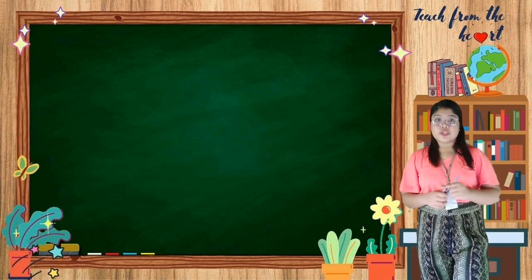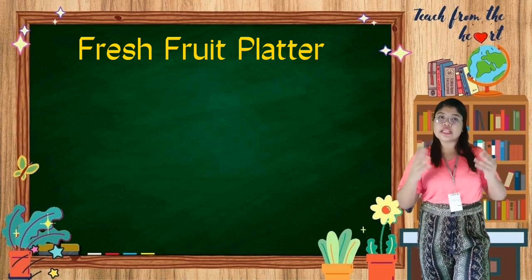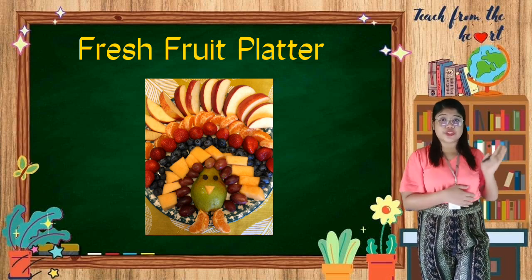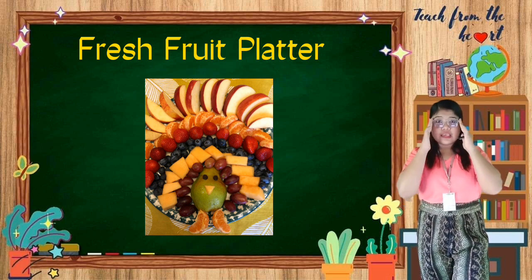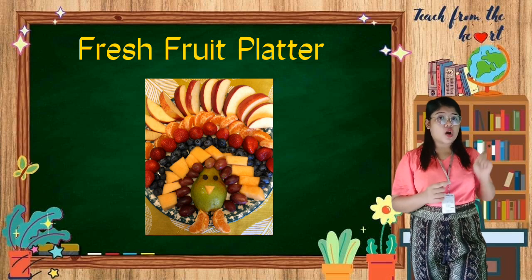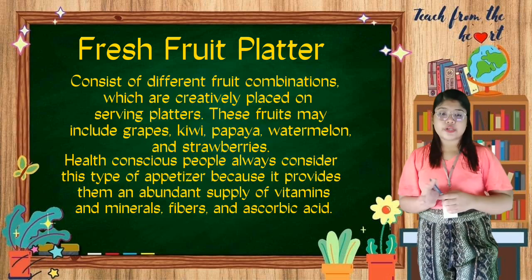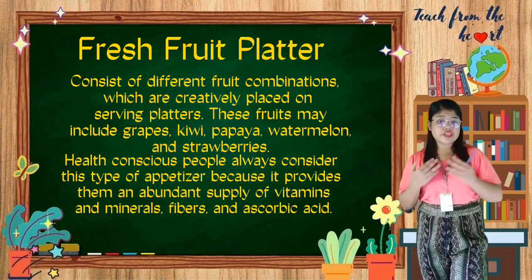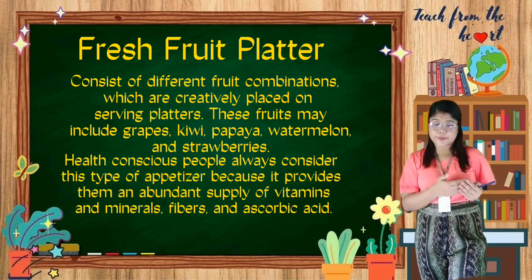Okay, class. So the next one is fresh fruit platter. So now, what are your observations in this appetizer? Yes, correct. It is all fruits. So, fresh fruit platter consists of different fruit combinations, which are creatively placed on serving platters.